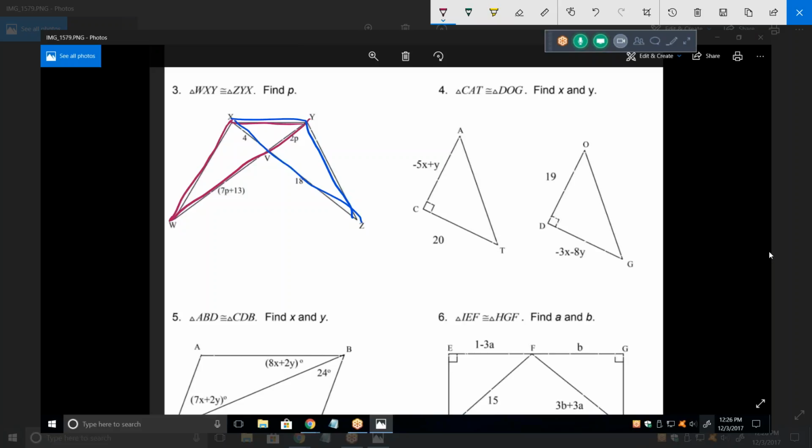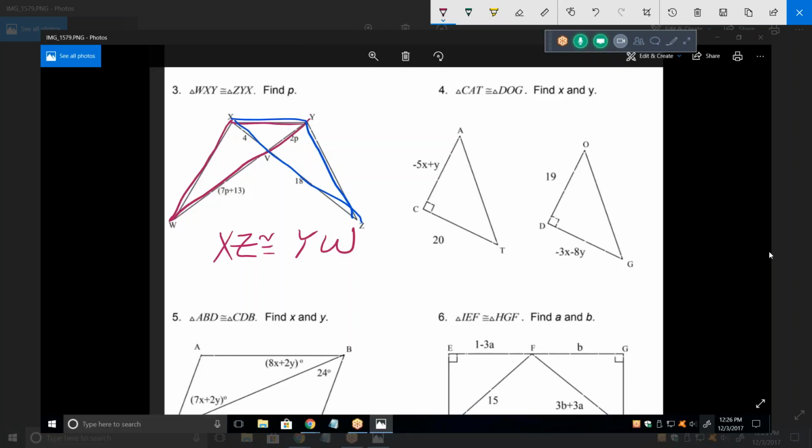B. Not B, the longest side, XZ. What is the corresponding part to XZ? XZ is congruent to what? YW. Good.